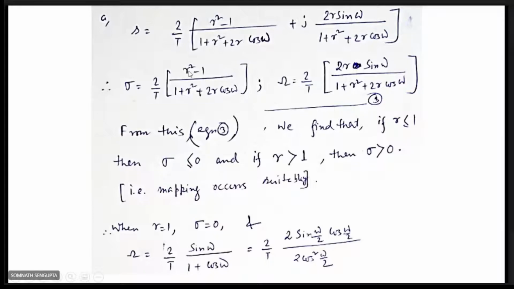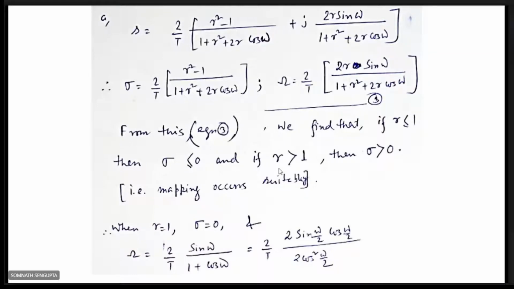If r is less than 1, this becomes negative, and if r is greater than 1, sigma becomes positive. And if r is equal to 1, sigma becomes 0. So sigma is equal to 0 means the j omega axis of the s plane.